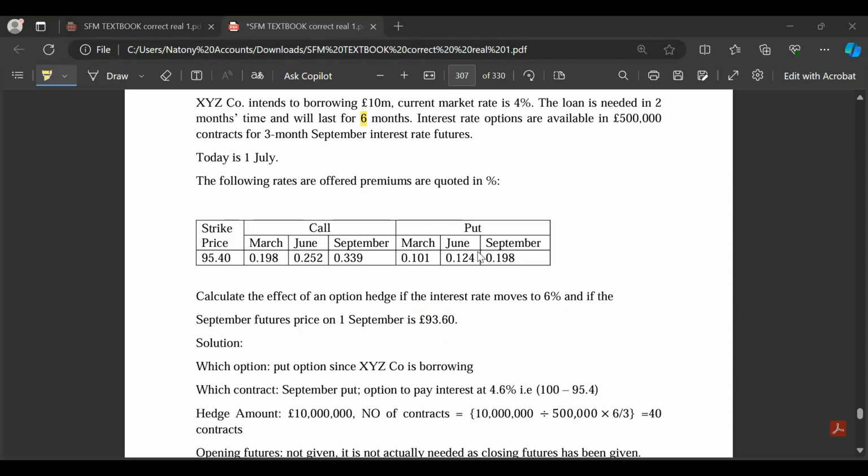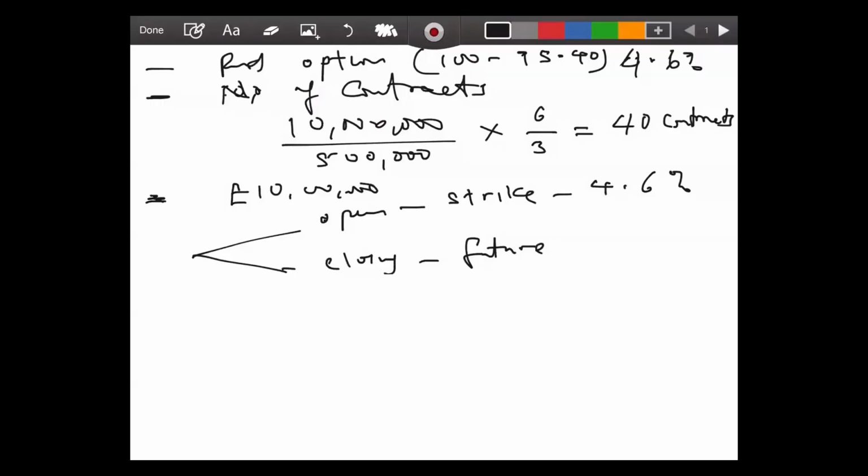So let's look at how we calculate the profit, and whether we allow the option to lapse, or the company should exercise the contract. We already have the strike price here, which is 4.6. The closing futures price has been given in the question, so we don't have to calculate that.